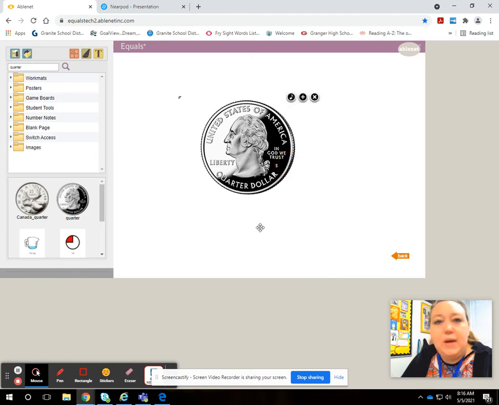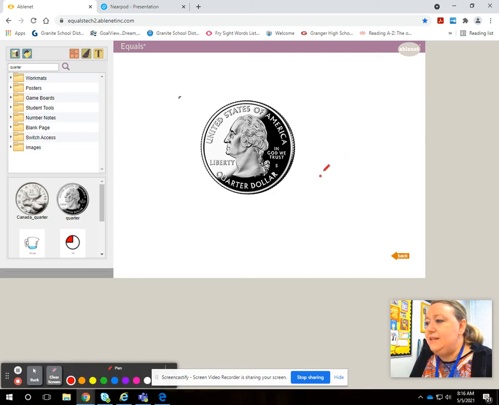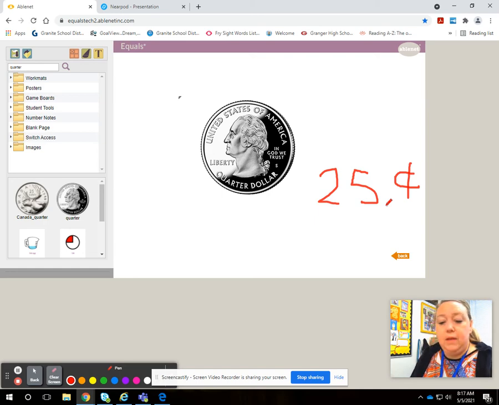And the reason why it's called a quarter is because it's a quarter of a dollar, or 1/4 of a dollar. It's equal to 25 cents. Whoa, so it's worth 25 pennies, or 5 nickels, right? Or 2 dimes and 1 nickel. So that's 25 cents. It's the biggest coin and it's the biggest amount of money, okay?